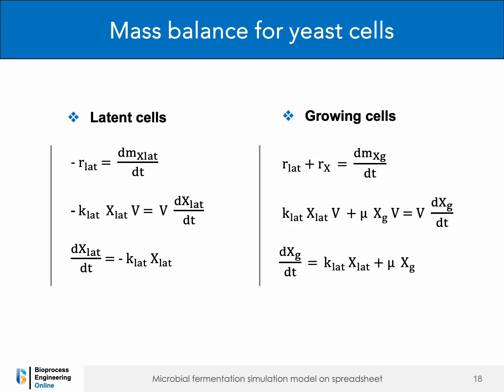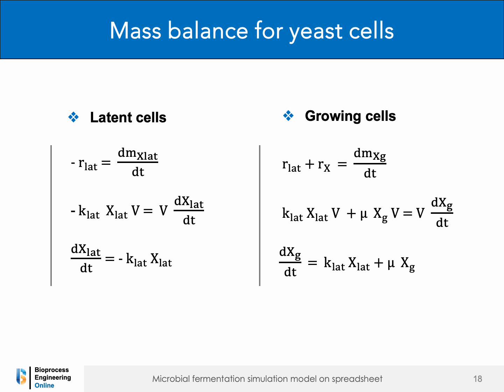For the growing yeast cells that are produced both by transition from latent cells and by growth, the instantaneous balance in gram cells per hour on the whole fermentation medium writes R_lat plus Rx equals dmxg over dt, where Rx is the yeast growth rate and mxg the mass of growing cells.